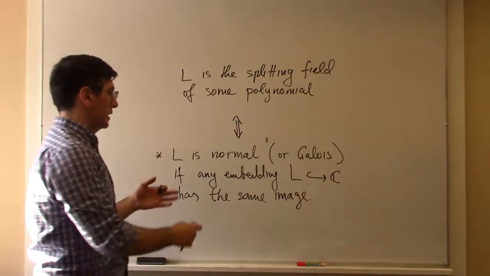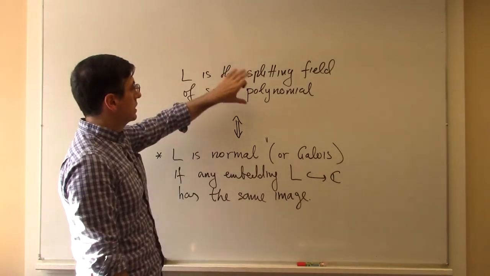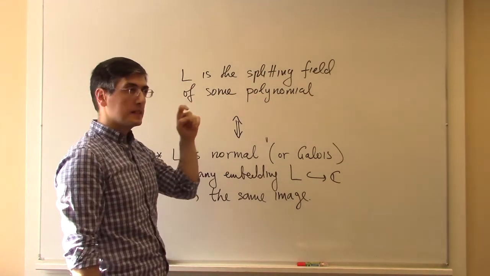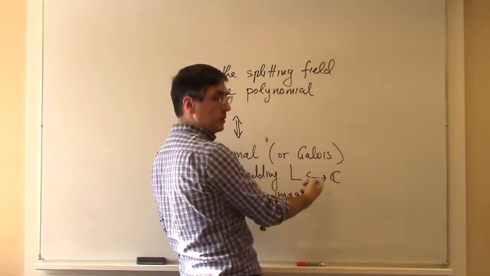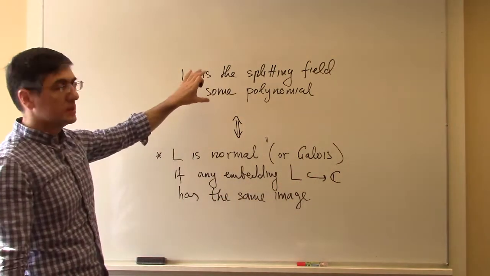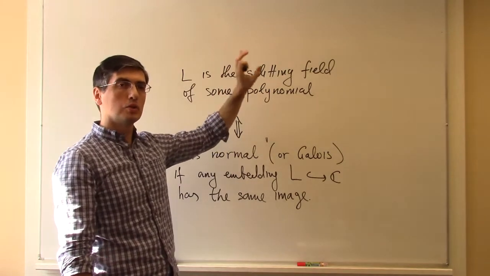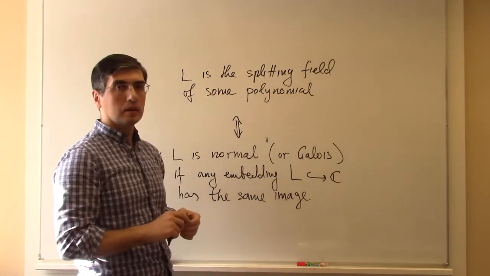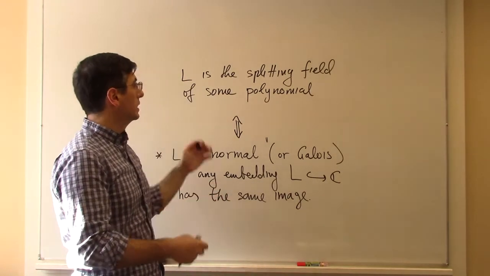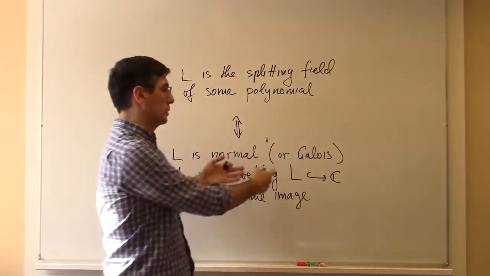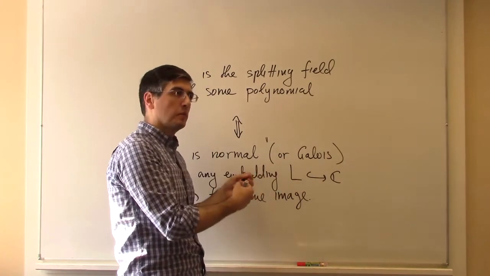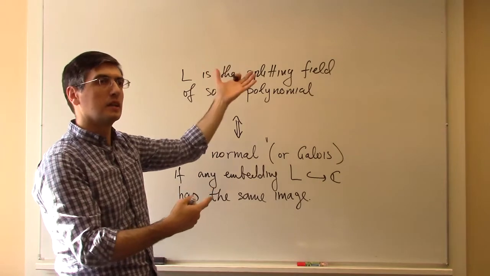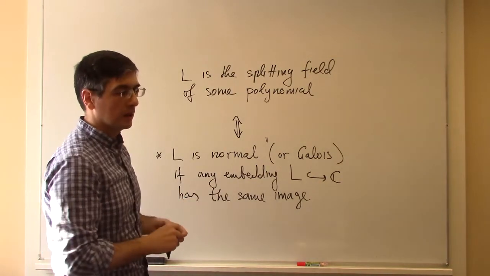And then using these embeddings, if you consider some other polynomial which has a root in L, then you can see that the fact that you're assuming all the images are the same gives this strange fact that no matter what polynomial you choose, which has a root in L, then that polynomial has to split completely. Essentially by the fact that if you're applying these embeddings, what happens to the roots of that specified polynomial, they get sent to each other, and then you have to have all the roots of that polynomial to be in L.